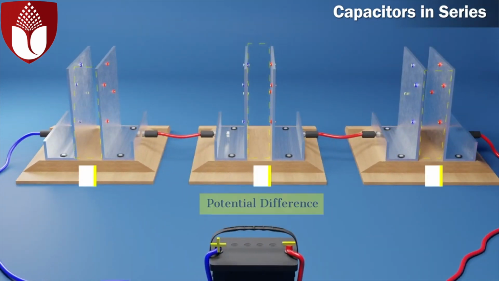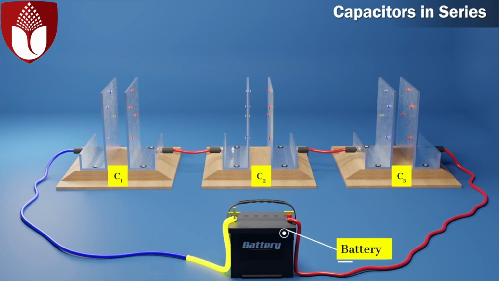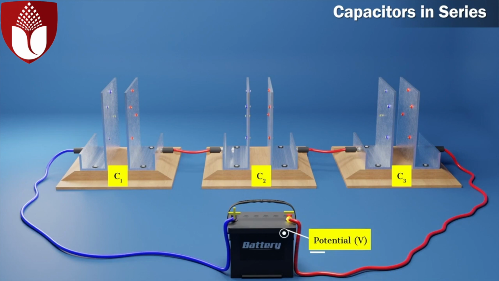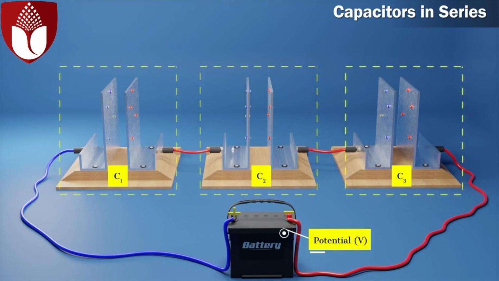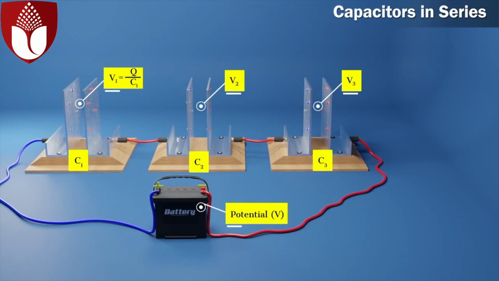If capacitors of capacitance C1, C2, and C3 are connected to each other in a series circuit to a battery, resulting in a potential difference of V between the ends of the circuit, the potential differences that result are V1, V2, and V3. Then, V1 is equal to Q by C1, V2 is equal to Q by C2, and V3 is equal to Q by C3.